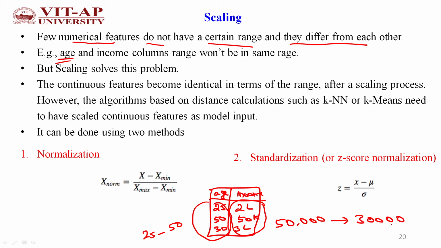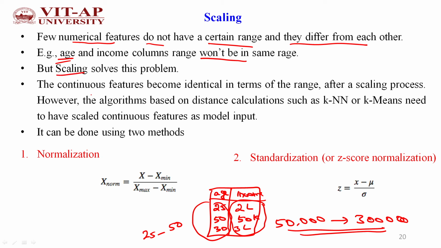When you have different ranges, the computational power required will increase and the performance of your model will decrease. So we cannot have different ranges. To solve this, we can apply the scaling approach.